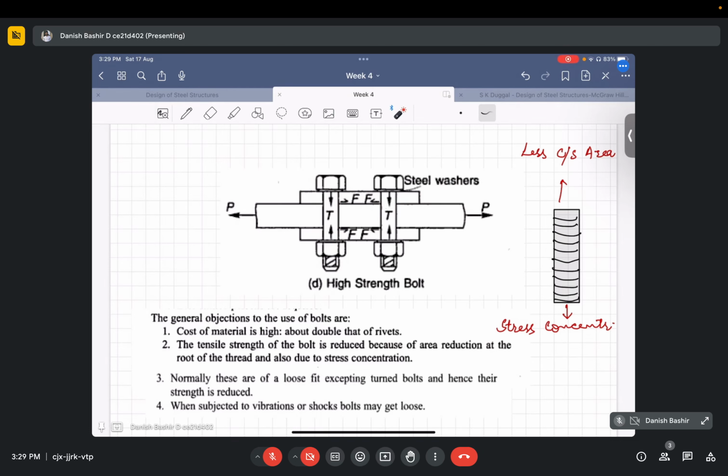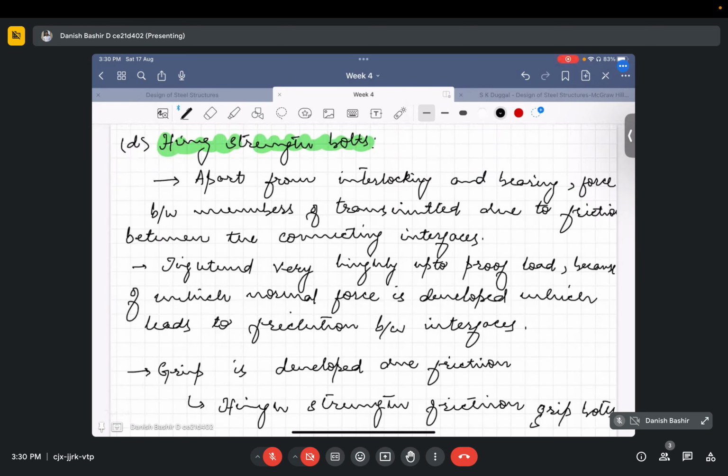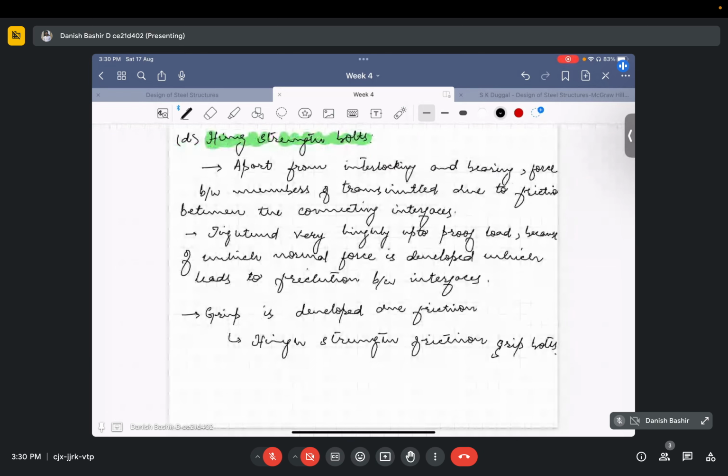I wanted to show you how this tension is being created, so let me draw this very clearly here, to give you a full picture of what actually is happening in high strength friction grip bolts.